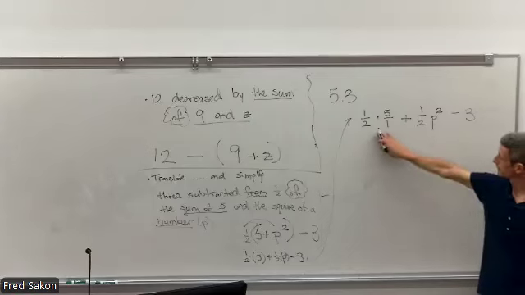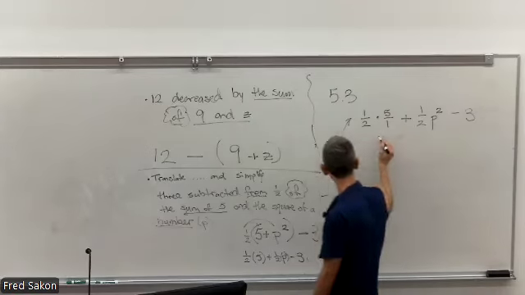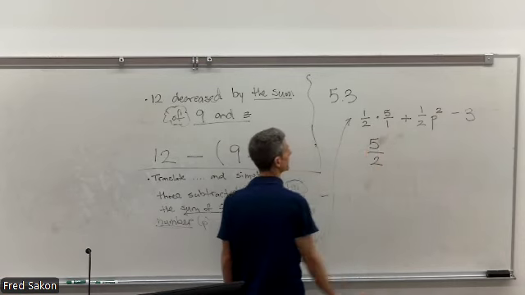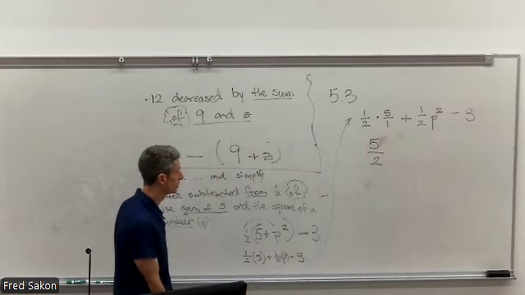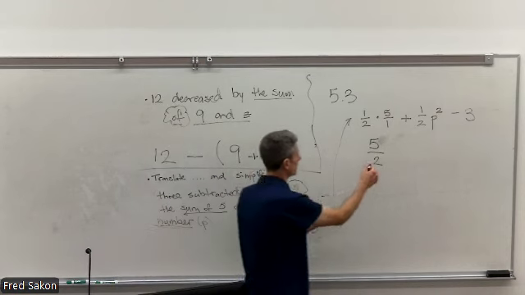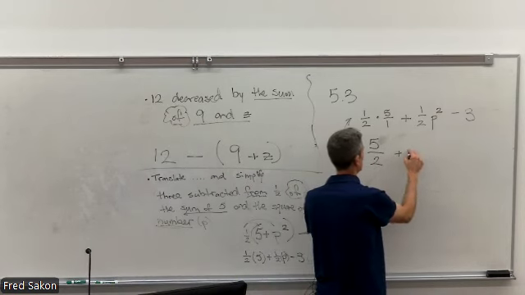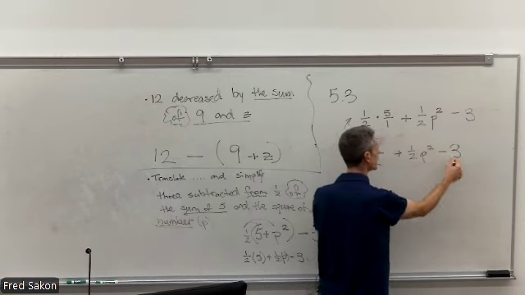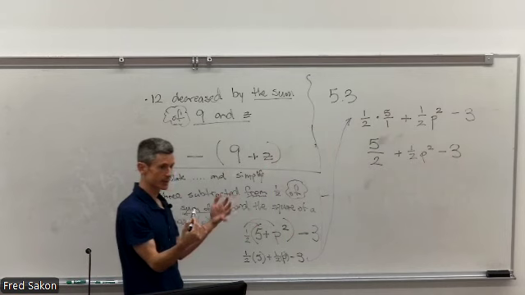This part we can simplify a little bit by multiplying across the top, multiplying across the bottom. 1 times 5 over 2 times 1. Then plus 1/2 p squared minus 3. Do we have any like terms we could potentially combine?